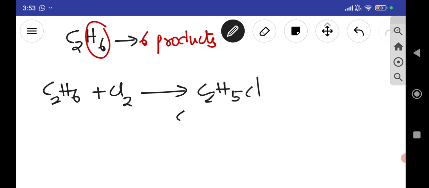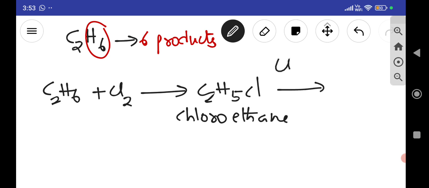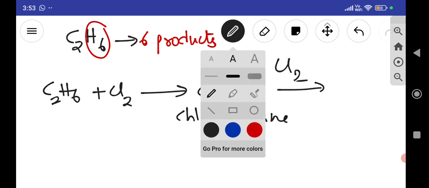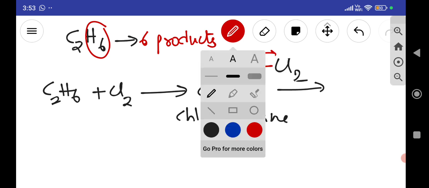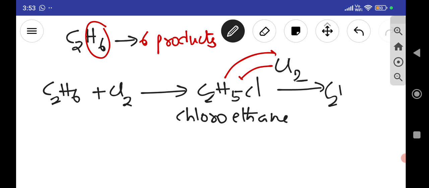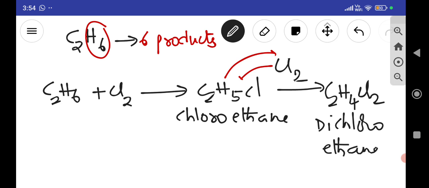So what do you call this? This is called as chloroethane. Then one more Cl2. So if you are adding chlorine, what happens? One H is substituted and one Cl will come here. So you will be having C2H4Cl2. So this is called as dichloroethane. Hope you are able to understand this.